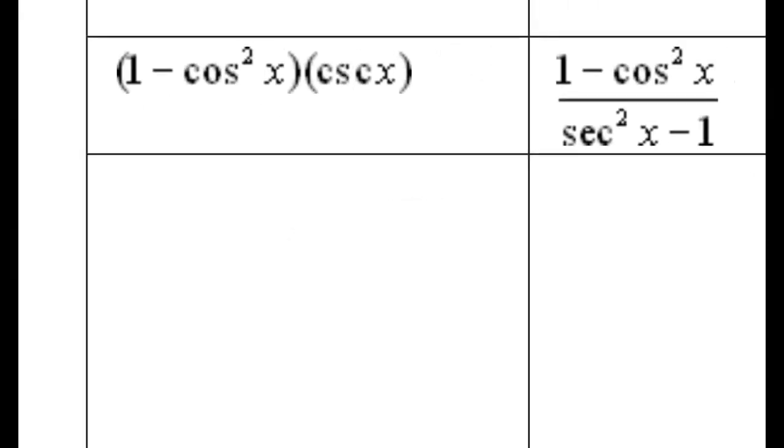Here we have 1 minus cosine squared of x times cosecant of x. So just like I've been saying, a solid intro move is to take your reciprocal function and write it as the original reciprocal, so 1 over sine of x. Also, we can combine 2 steps into 1. We were just working with this exact identity.